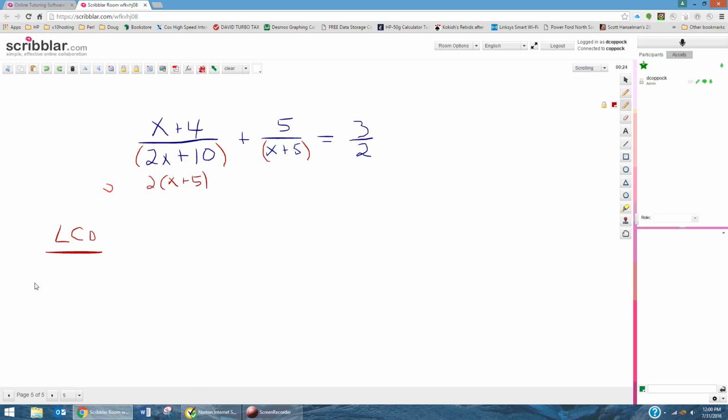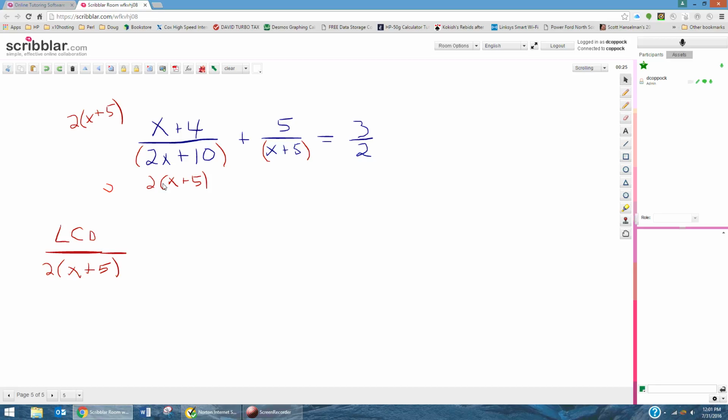So the LCD, I need a 2, I need an x plus 5, I move on to the next denominator. I've already got an x plus 5. I already have a 2. So there's your LCD. So I'm mentally picturing or jotting down on scrap paper or even up here on your test paper or your homework paper. The LCD is going to be multiplied times every term of this equation.